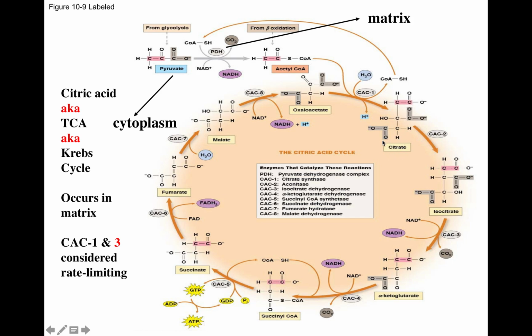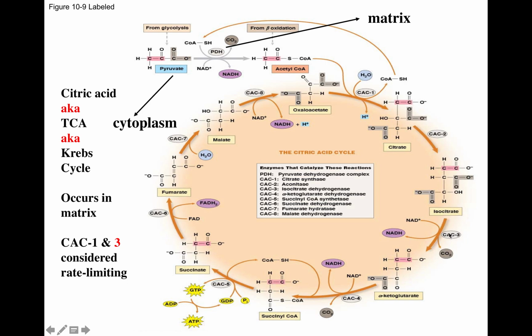Usually in most diagrams this is at the top of the cycle, and therefore it's called the citric acid cycle. So citric acid or tricarboxylic acid or the Krebs cycle, these all mean the same thing. We're talking about this cycle here. So citrate with 6 carbons, 1, 2, 3, 4, 5, 6, is converted to isocitrate.